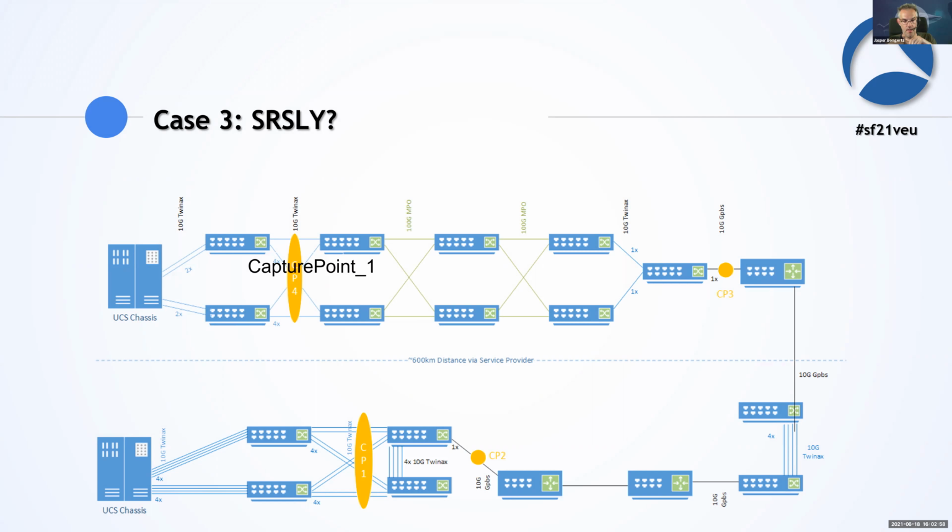In the new data center, which is the upper one, they had up to 100 gigabit. They had, I think, 40 gigabit in the lower one, and we needed to capture simultaneously to see where the problem might be. So what we finally decided on, and this capture point 1 here is annoying, but it's not capture point 1. This is capture point 4.